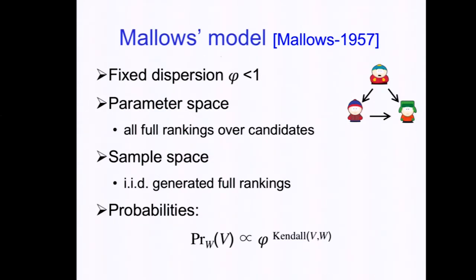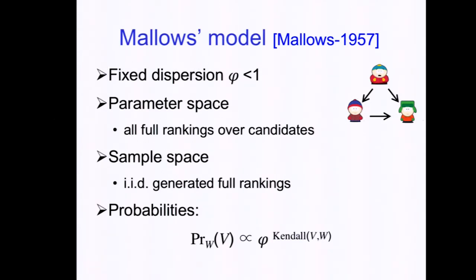The sample space is composed of IID generated full rankings as well. Given the ground truth ranking W, the probability of generating an IID ranking V is proportional to phi, the dispersion parameter, raised to the Kendall tau distance between V and W. So you see that a larger Kendall tau distance means a smaller probability.